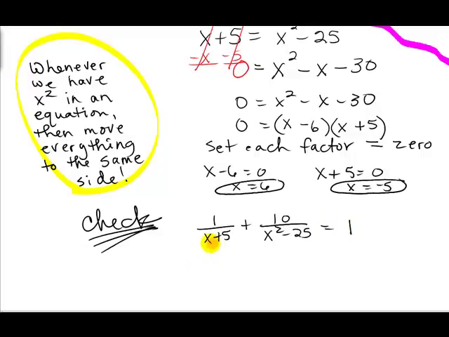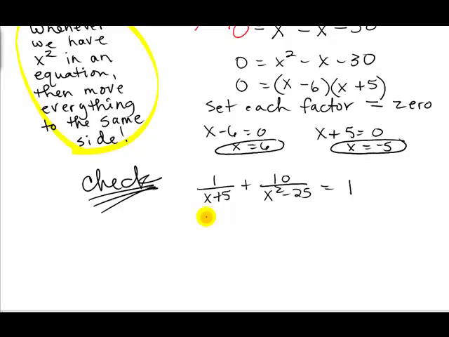So I'll check the 6 first. So I'm going to plug in 6 for x. So we've got 1 over 6 plus 5 plus 10 over 6 squared minus 25 equals 1.